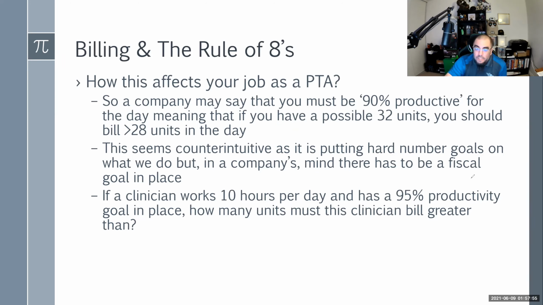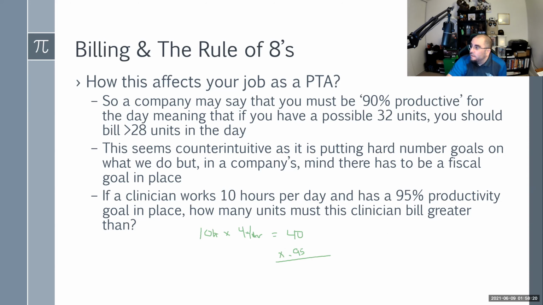Well, we know the clinician works 10 hours a day, right? And we know that we can do 4 units per hour. So we're going to say that we can have a total of 40 units. Now the clinician wants to be 95% productive. So we multiply 40 times 0.95.